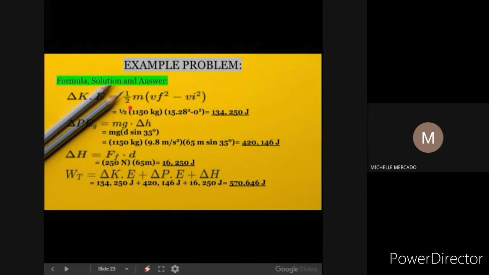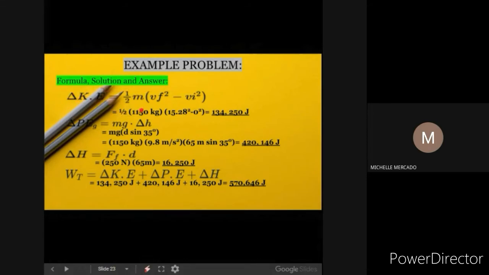So 1/2 again multiplied by 1,150 kilogram multiplied by 15.28 squared minus 0 meters per second squared is equal to 134,250 joules.